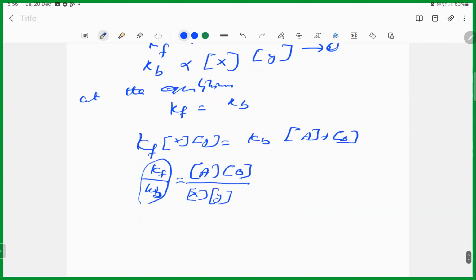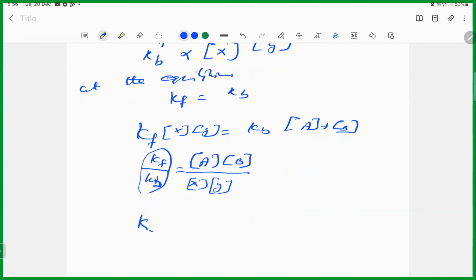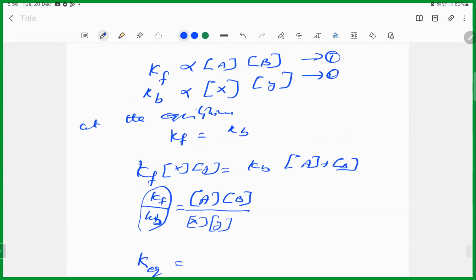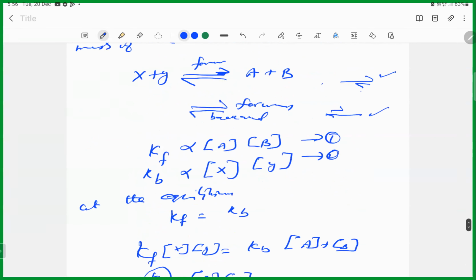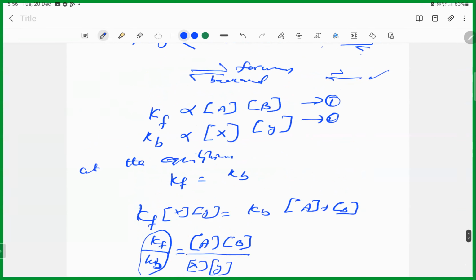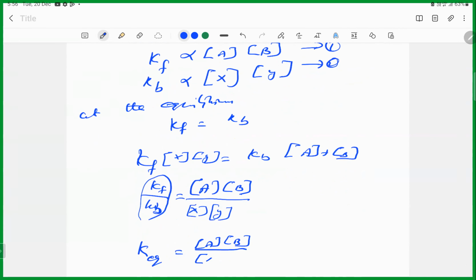So the ratio of the forward and backward reaction rates gives the equilibrium constant. It gives an idea of the concentration of product divided by the concentration of reactant.